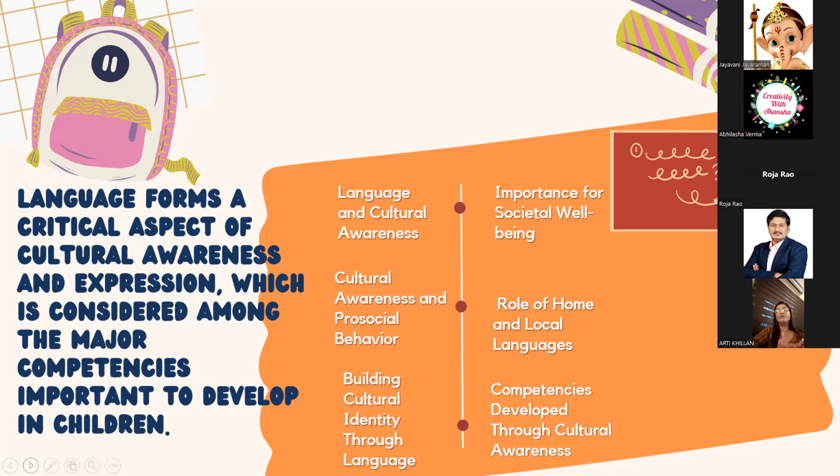So we as an educational fraternity, let's strengthen the cultural identity of our students through language, knowledge of one's cultural history, knowledge of languages, knowledge of arts and traditions. It will promote self-esteem. So we need to support the development of communication and creativity.